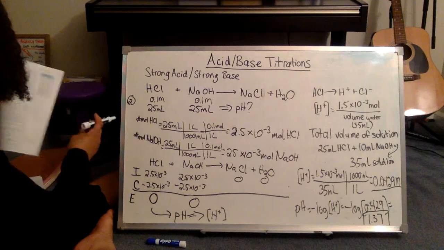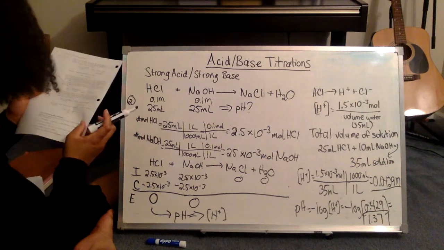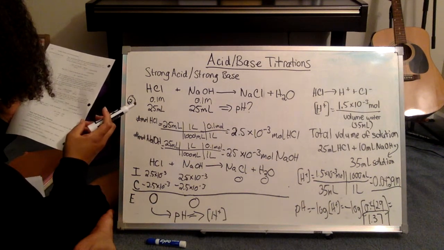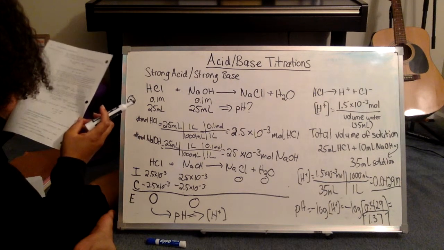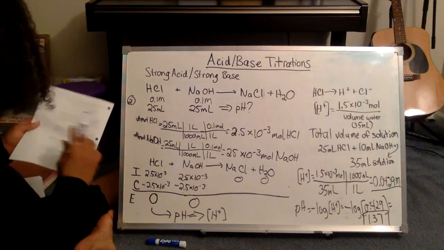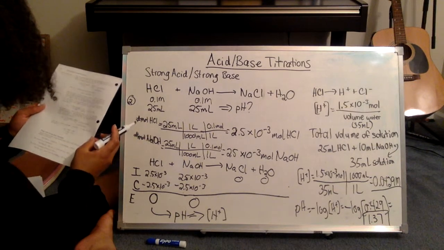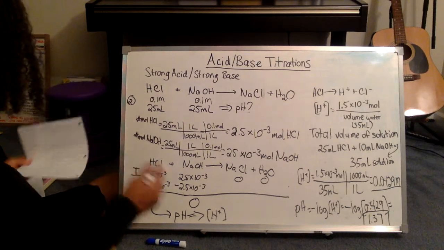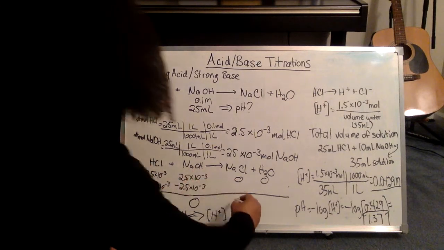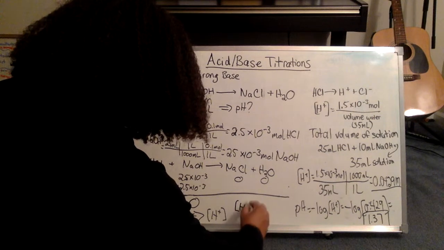Hold on a second, let me think about that. Oh, it doesn't undergo hydrolysis, that's right. So we are basically at the equivalence point. We have an equal number of protons to hydroxide ions.